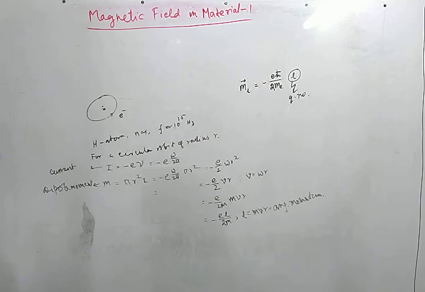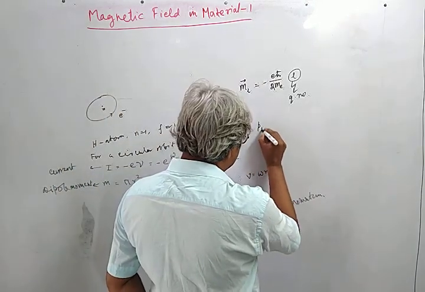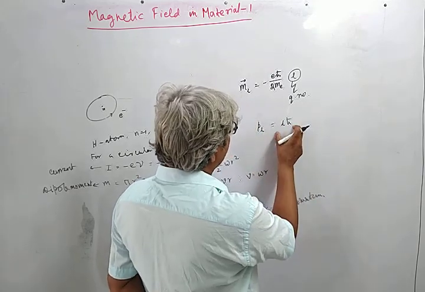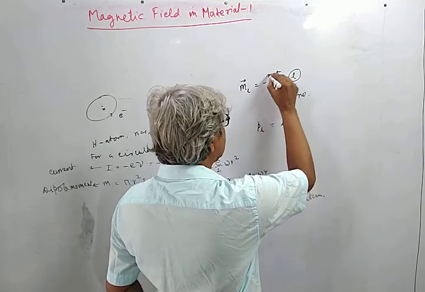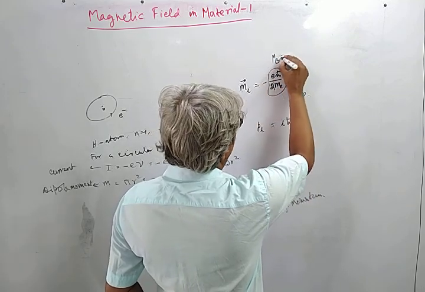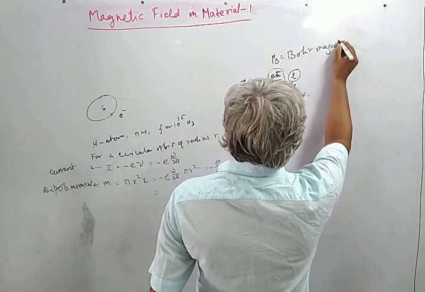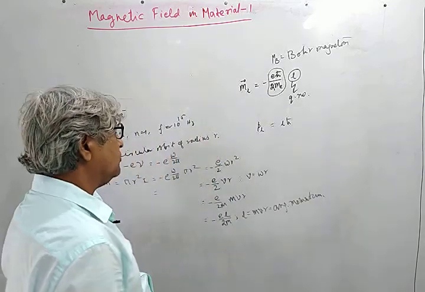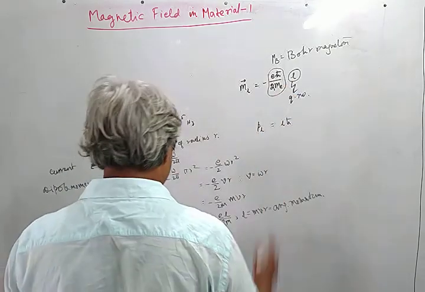As in Bohr's theory, if we have angular momentum PL, then the value of PL is l into ħ. So this PL has been replaced by lħ, and this quantity is known as the Bohr magneton. The orbital angular momentum is found to be quantized in units of Bohr magneton.